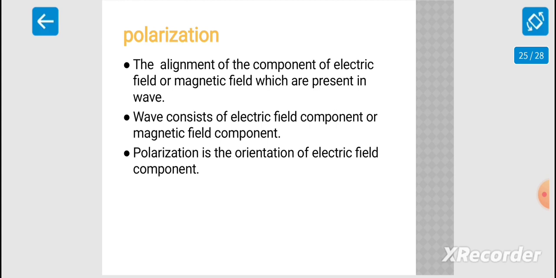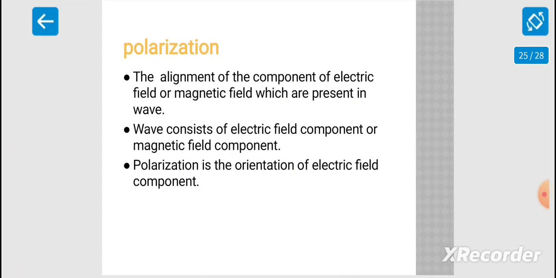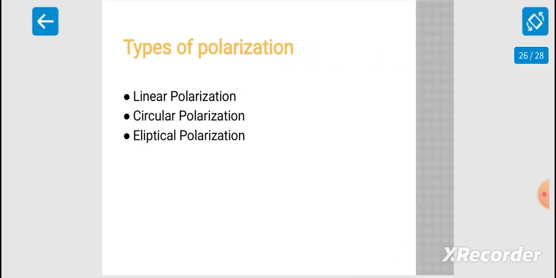If we need only the vertical component, it restricts all other directions. That is called polarization. It is the time varying behavior of the electric field strength vector at some field point in space.